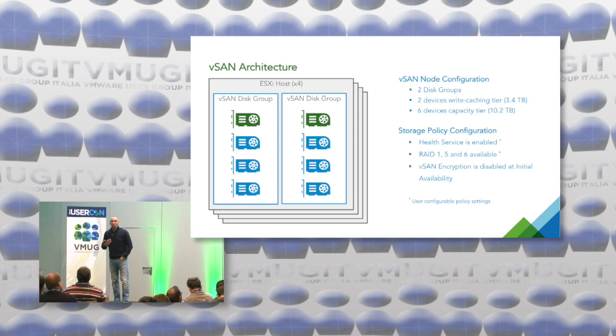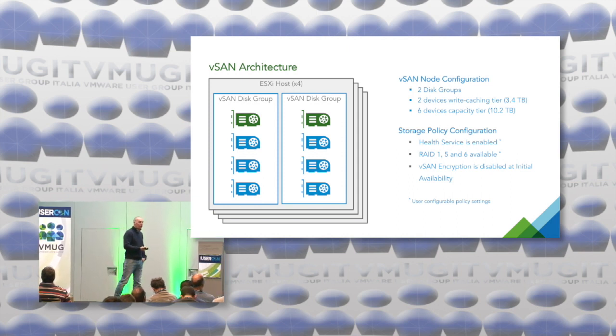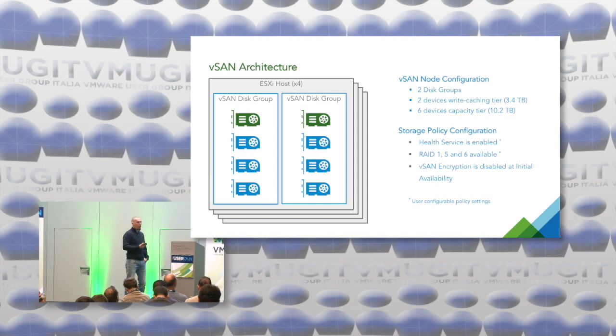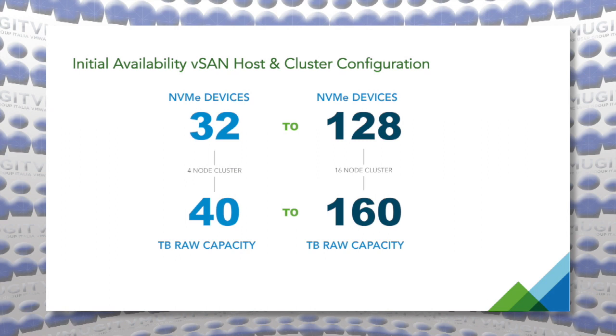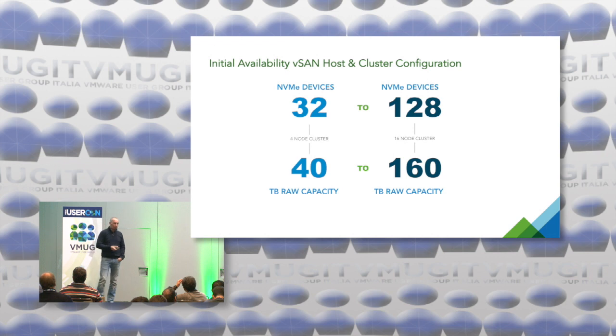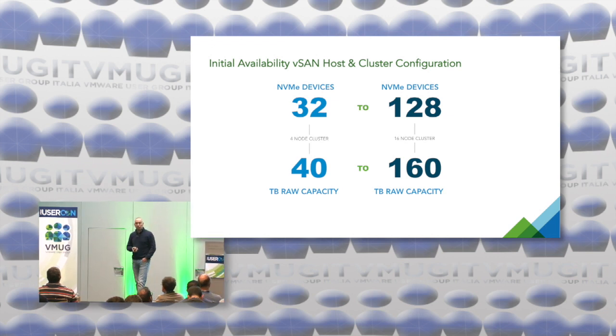If you go beyond 6 hosts, you actually can deploy RAID 6 in your storage policy, right? So we start with 32 devices per cluster, 40 terabytes of raw capacity, AFA performance. It's really fast. If we go on to a full cluster, we have 160 terabytes of raw capacity, right?